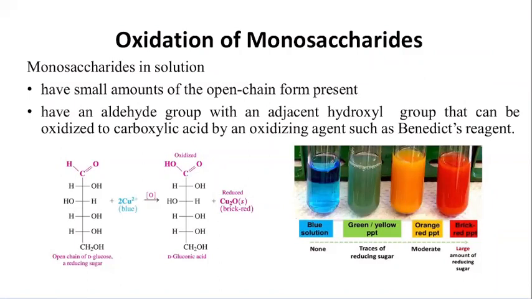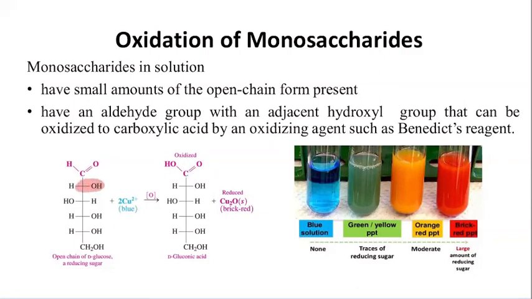Now, why is it that we focus on Benedict's reagent when it comes to monosaccharides? Well, because remember that the Benedict's reaction requires a molecule in which you have that aldehyde group, and adjacent to it, you will have an OH.